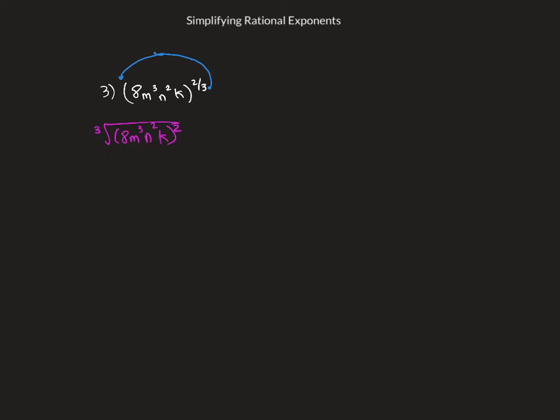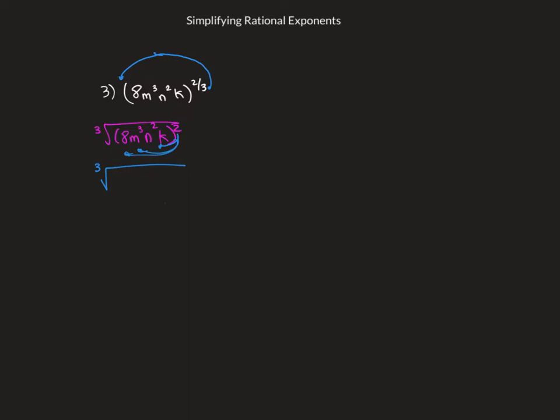Now what should we do from here? Well, the most logical thing would be to just expand whatever is inside that cubic root. So we'll write this, and that means we'll expand this.